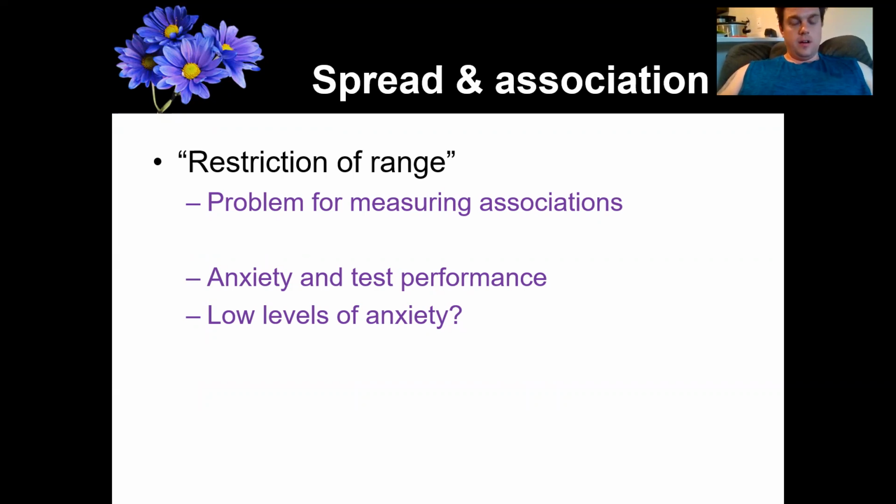Well, an issue there and a restriction of range might be if anxiety is very restricted to a certain range. So, for example, maybe you only get people with really high anxiety doing the study, then you're getting a very restricted range of what the actual anxiety variable could be in the population. Okay. Maybe you have the opposite problem, where anxiety is quite low.